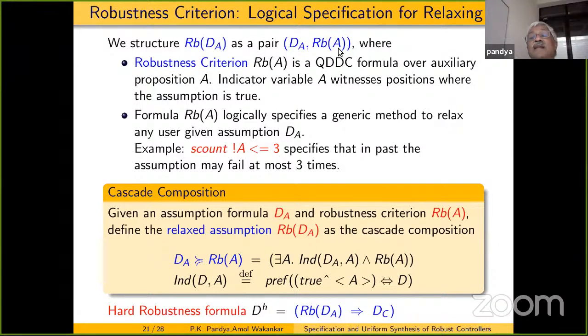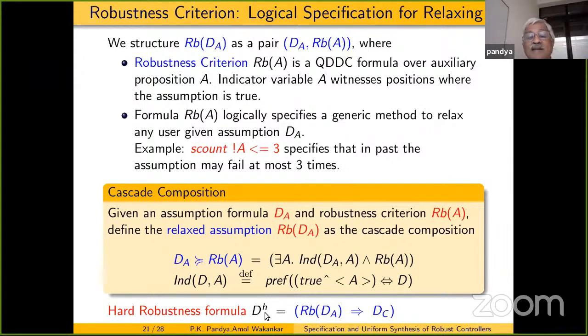So given an RB of A which is independent of DA and any user-given assumption DA, we are able to come up with this formula RB of DA. And I won't go into the technicalities of this, but we can construct a formula RB. By the way, in both logics, LTL and CTL, and even in PSL Sugar, which is industry standard, you cannot define this RB of DA compositionally like we have done. So the logic is rather powerful. We have this temporal quantification, which allows us to do it.